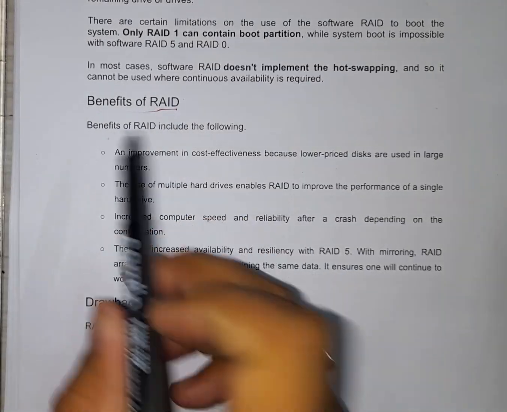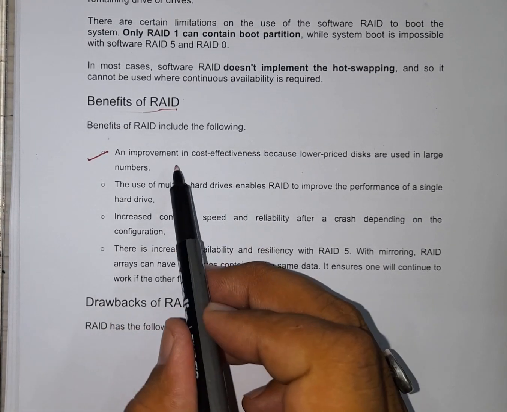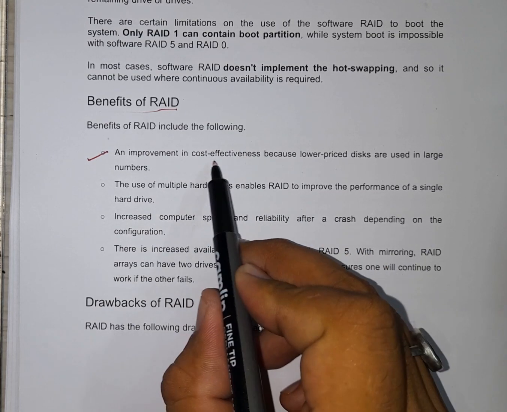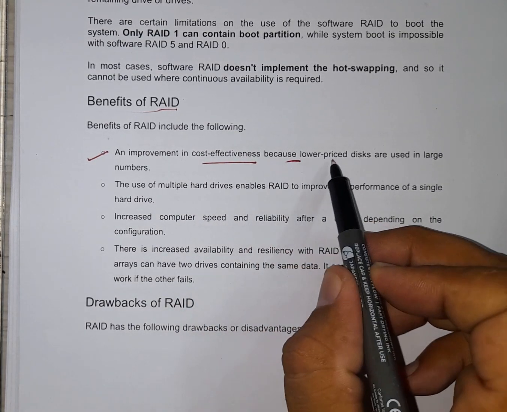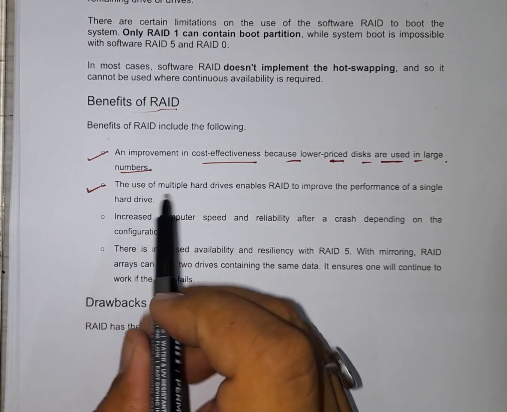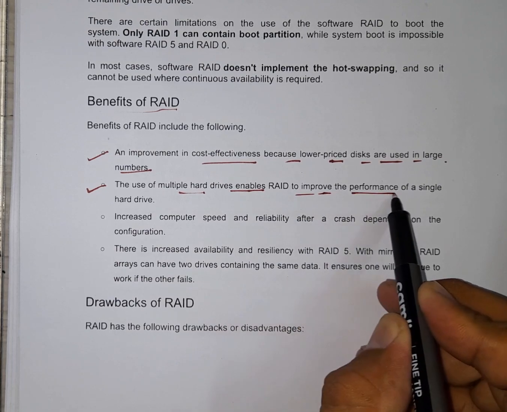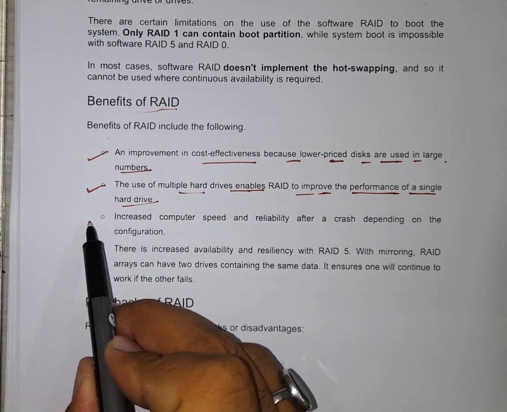Benefits of RAID. The first one is improvement in cost effectiveness, because lower price disks are used in large numbers. Another is that the use of multiple hard drives enables RAID to improve the performance of a single hard drive.